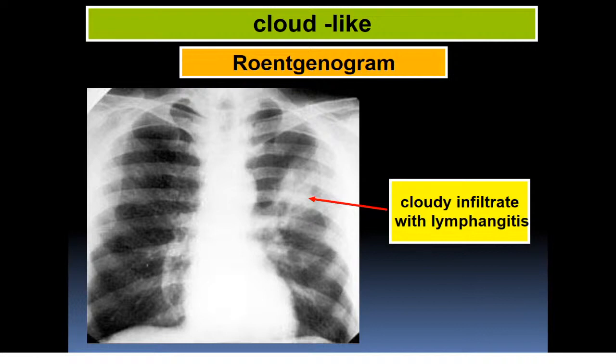That's why the shadow is connected with the lung root. This sign, connection by lymphangitis, is typical for tuberculosis, but is not typical for non-specific pneumonia. In non-specific pneumonia, lymphangitis is not formed.